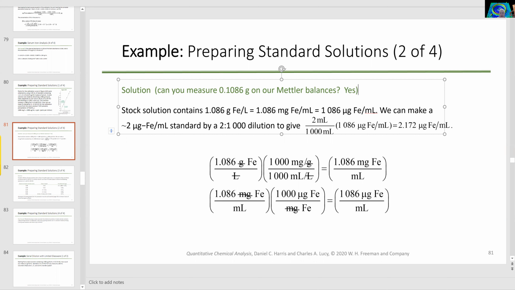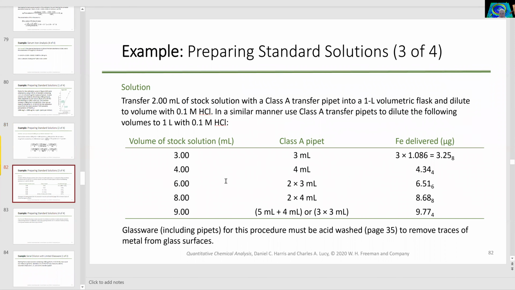Whom should I pick on to get the other option, right? Let's say we have 1,086 parts per million, and we want to dilute it down here. What's another option?